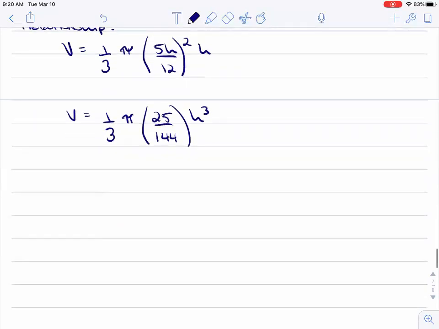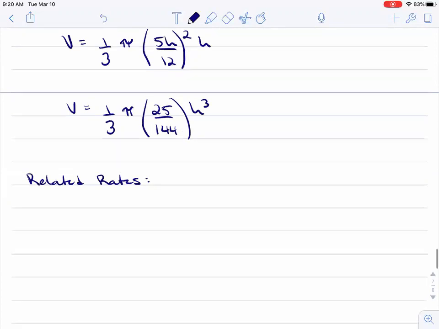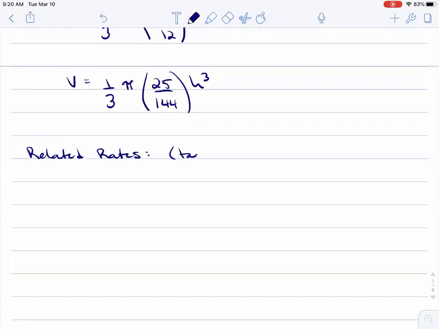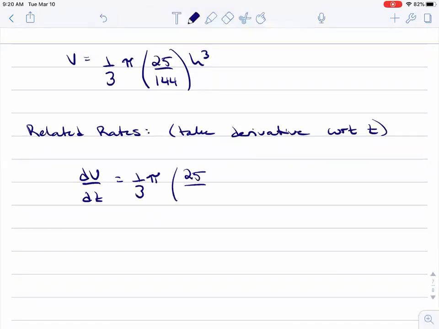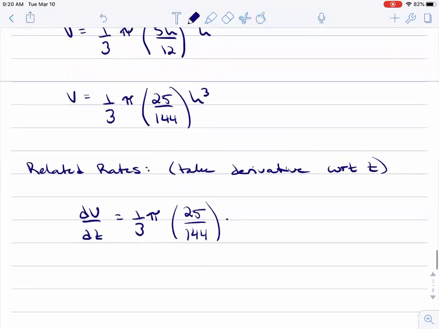And so now I can find the related rates by taking the derivative with respect to t. So I get dV/dt is 1/3 pi, all these so far are constants, 1/3 pi 25 over 144 times, and then the derivative of h cubed with respect to t is 3h squared times dh/dt.